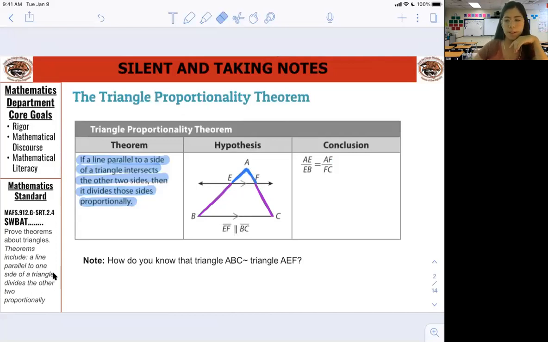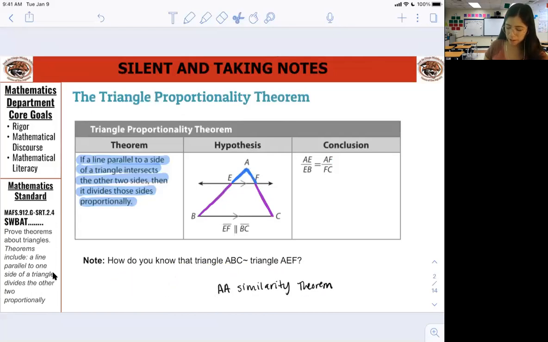A little bit of a side note. How do you know that triangle ABC is similar to triangle AEF? Because we are kind of assuming that. So how do we know? Because we know that they have two congruent angles because of their corresponding angles, and then they both share an angle.